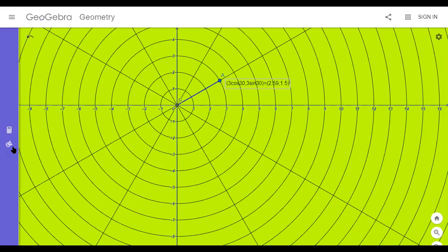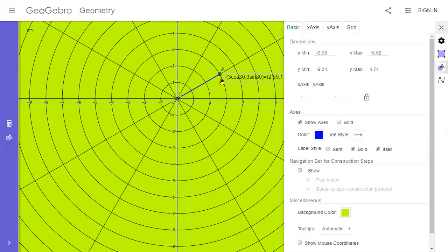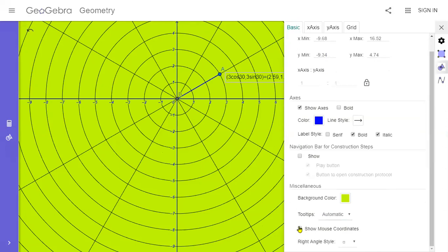Let me go to the settings. By the settings we can check the exact location of this point A. Let me check the show mouse coordinates option. Let me put the mouse here.